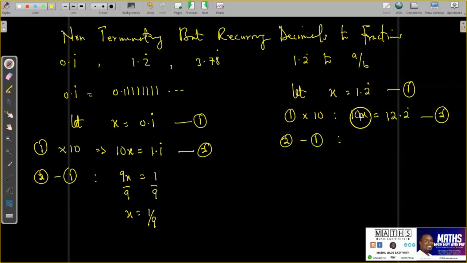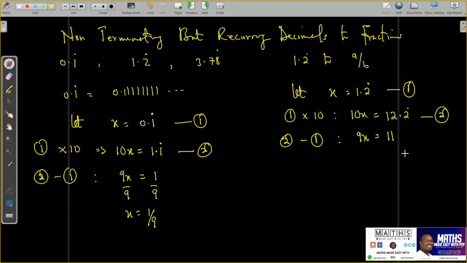That gives us 10x minus x, which is 9x. Then 12.2 recurring minus 1.2 recurring gives us 11. Any question on that before I move on? Good.